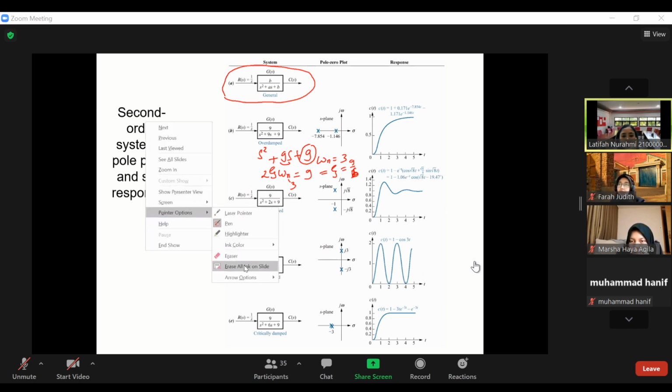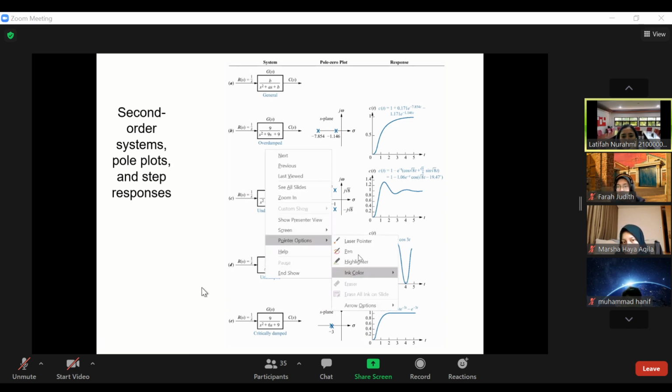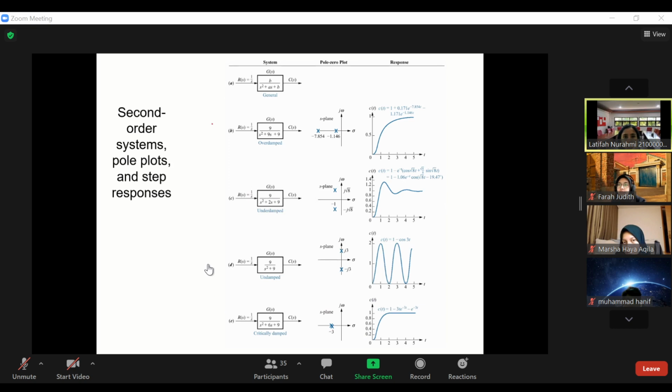Is it clear? So from here, we know that zeta is 1 point something. Or you can simply, so there are two methods. First, try to find the value of zeta, or factor it, so find the factor.